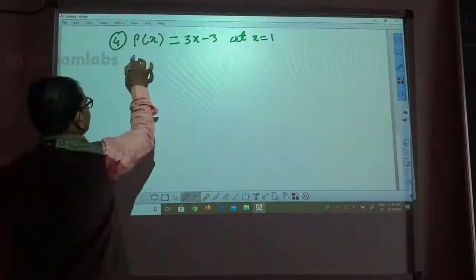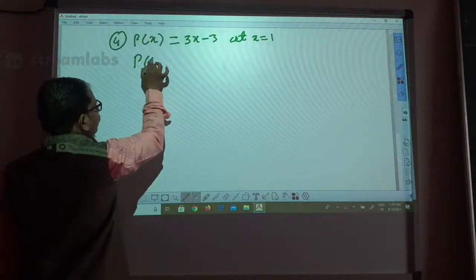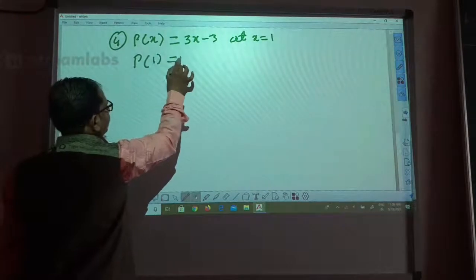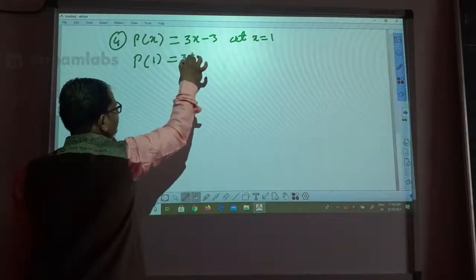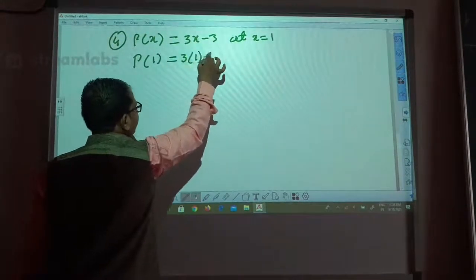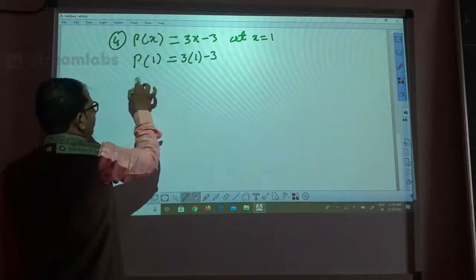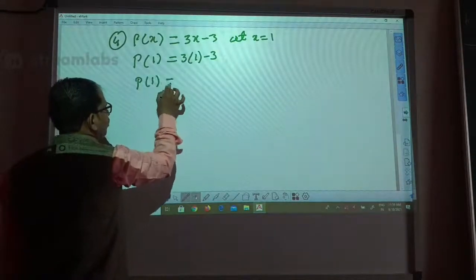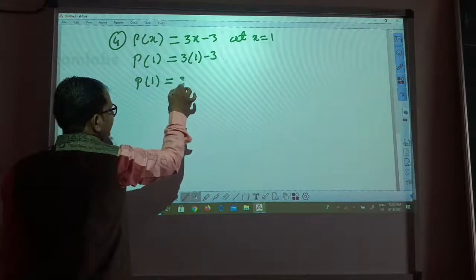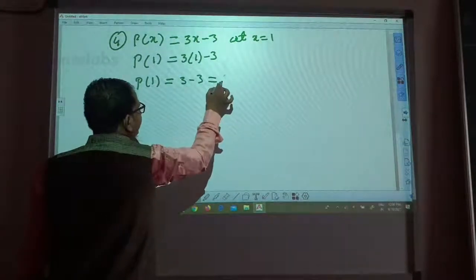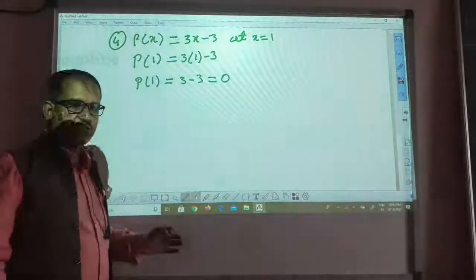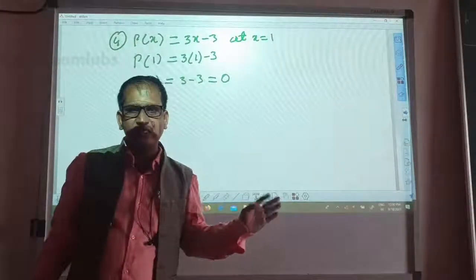Then P of 1 is equal to 3 into x, which is 1, minus 3. P of 1 is equal to 3 ones are 3 minus 3. The value is 3 minus 3 is equal to 0. We got 0, right?